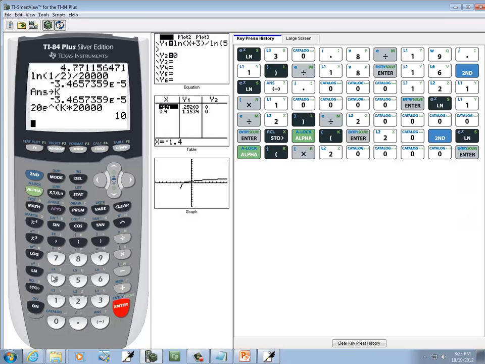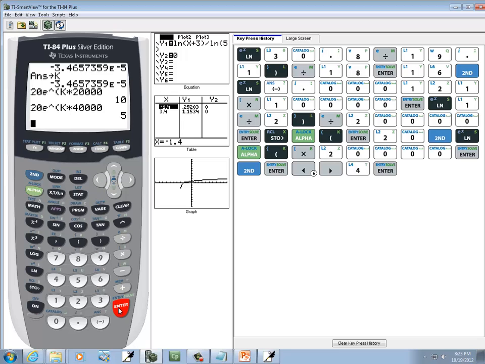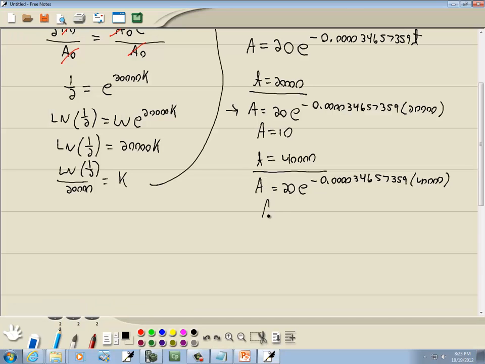What's nice on our calculator is I can do a second enter to bring up the previous entry. We saw that value stored in K, so I'll leave it alone, and I'm just going to change that to 4 to make it 40,000. Then press enter, and we get A is equal to 5.